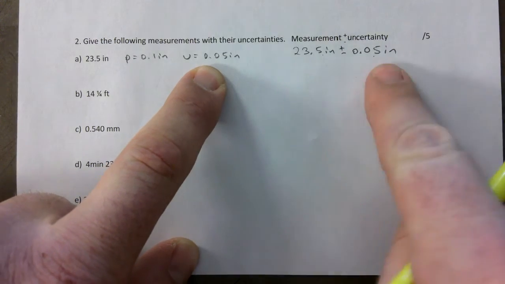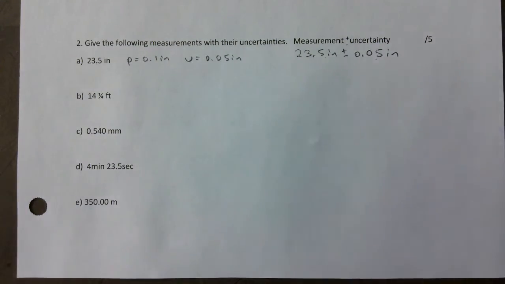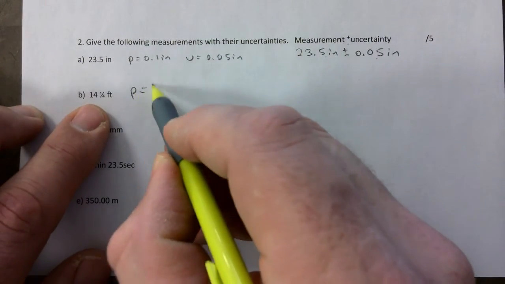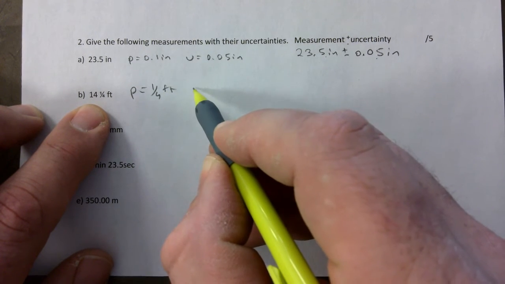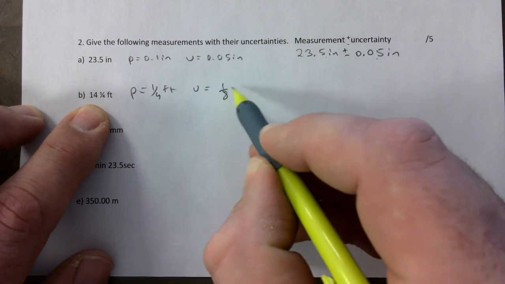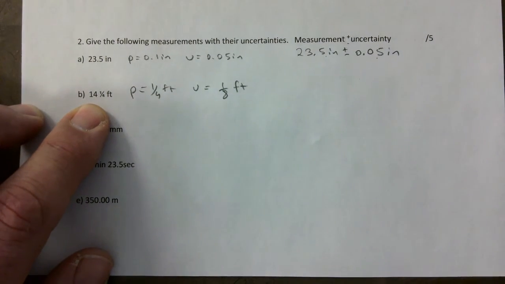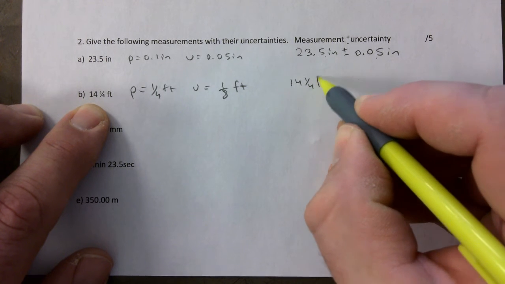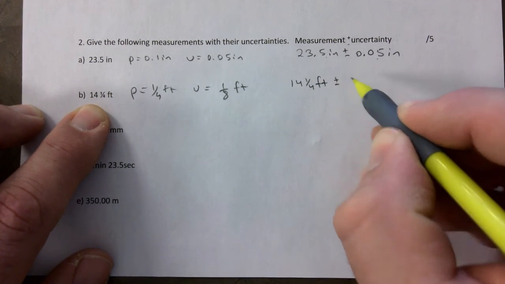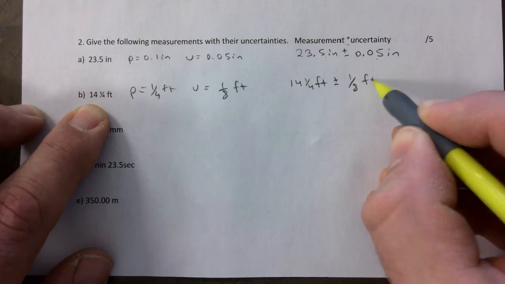That skill is important when we're going to combine. So precision here is 1/4 of a foot. So my uncertainty would be 1/8 of a foot. So this would be 14 1/4 of a foot plus or minus 1/8 of a foot.